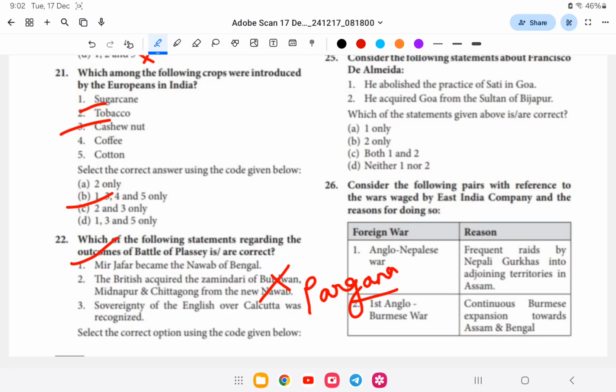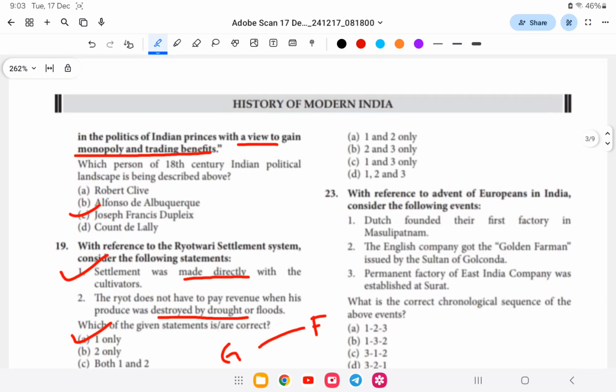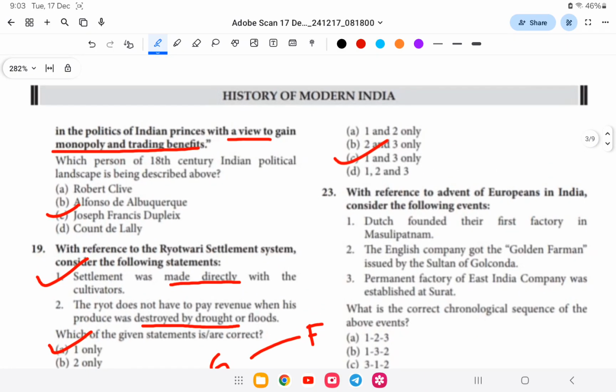Because the British defeated the Nawab, they were the new leaders of Bengal. So 3 is correct. Chittagong was not included, only the Parganas came under the British Empire. That is 1 and 3. So the answer is what? 1 and 3, option number C. Next.